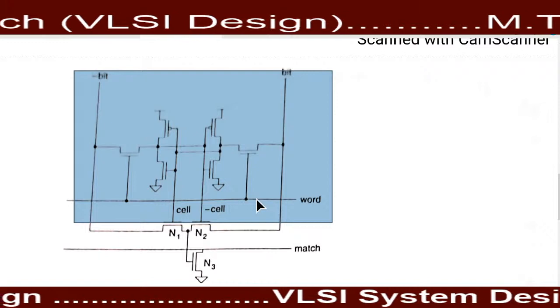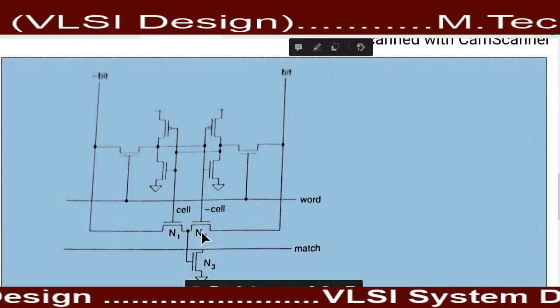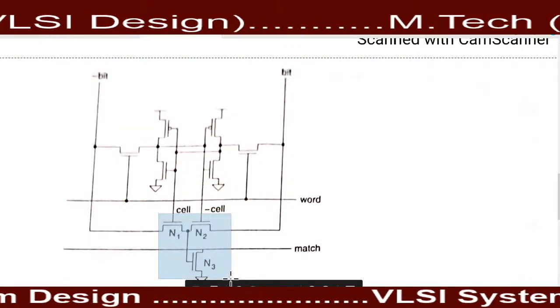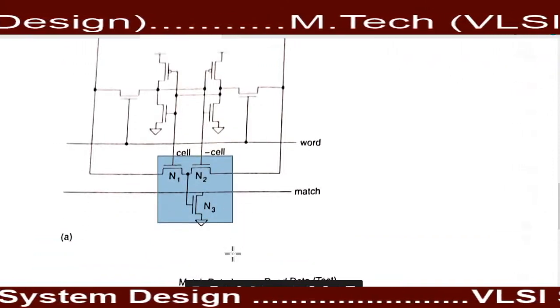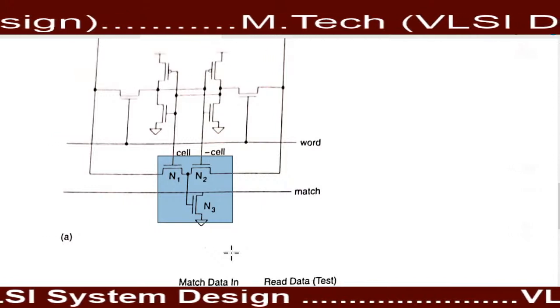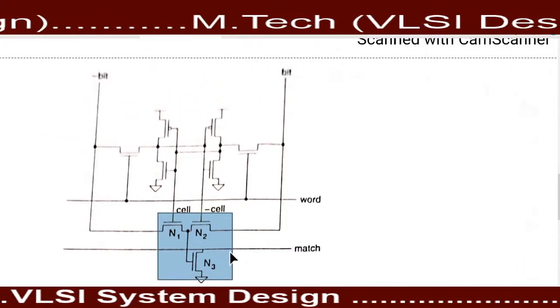The only difference between CAM memory and RAM memory is the addition of these N1, N2 and N3 transistors.